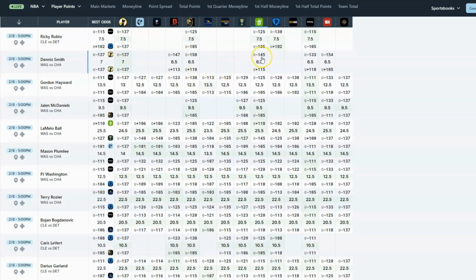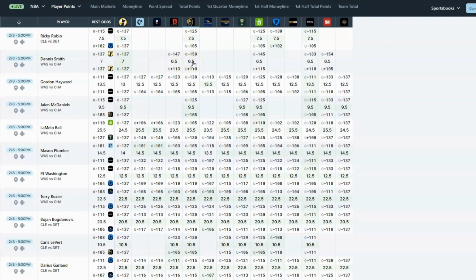So you're seeing some value here. DraftKings has this at minus 145. So boom, this is a target. Dennis Smith in the Washington-Charlotte game: playing this game is going to be an easy thing to do because we have the value, showing right here under best odds, and that's why we're reading minus 137. So we're essentially paying $13.70 and they're paying $14.70. We're paying $13.70 and they're paying $15. So that's the difference there.